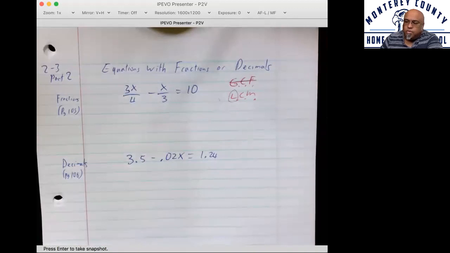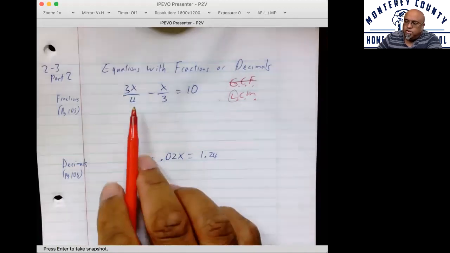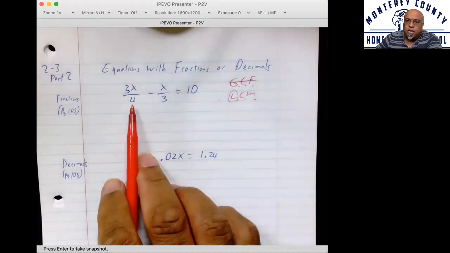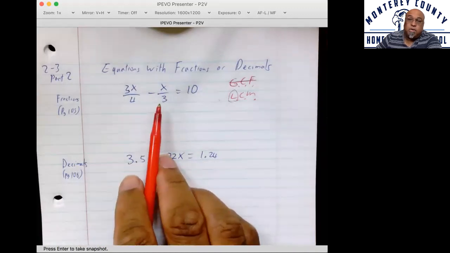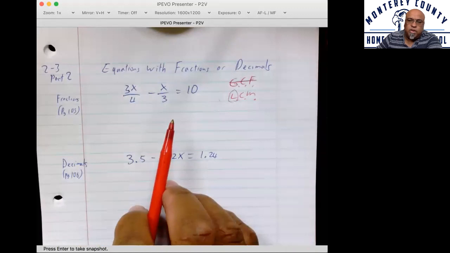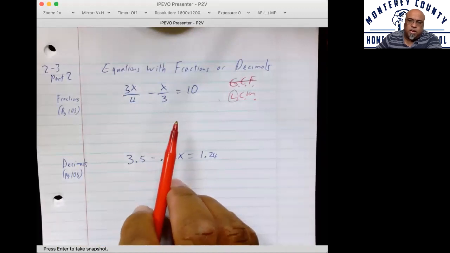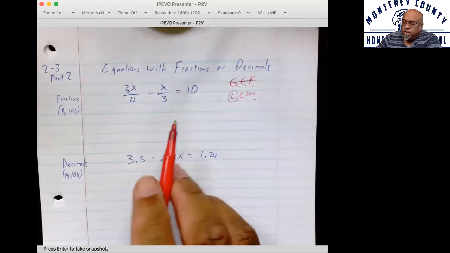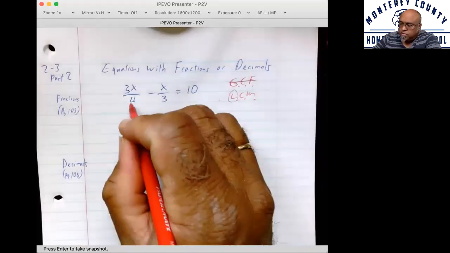You simply ask the question, what is the smallest number that 4 goes into and 3 goes into? And when I'm talking about going into, I mean in like times tables, like 4, 8, 12, 16, 3, 6, 9, 12, 15, 18, and so on. Now, you can write out the times tables, but if you know your times tables well, you find that the next one is 12, okay?